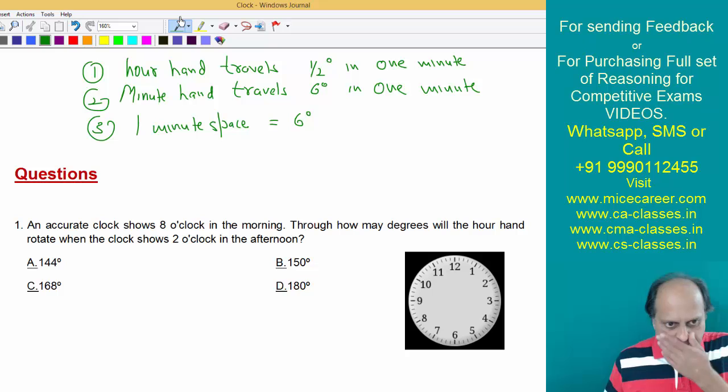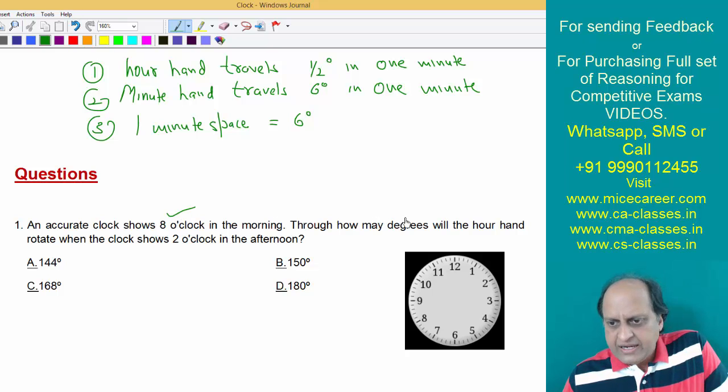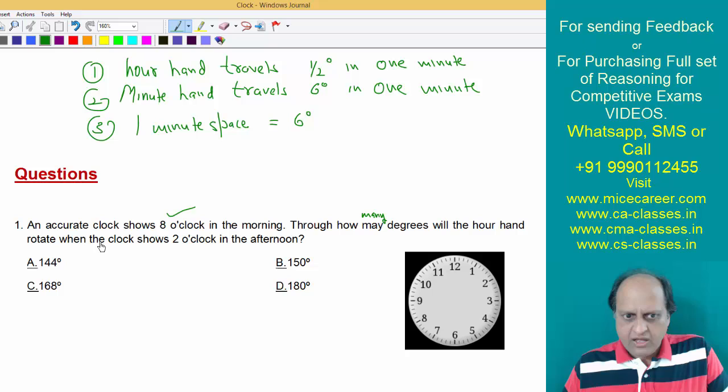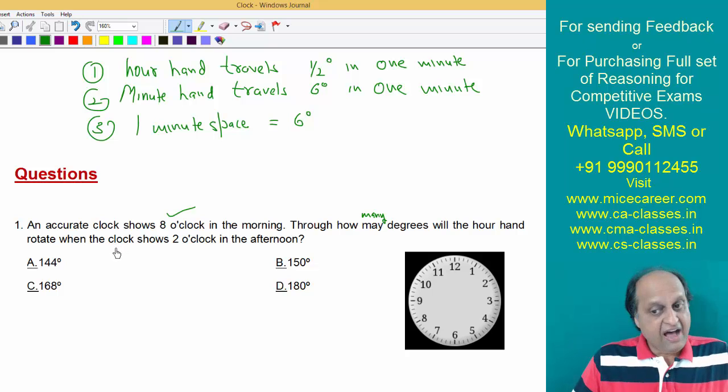Now let us see. An accurate clock shows 8 o'clock in the morning. Through how many degrees will the hour hand rotate when the clock shows 2 o'clock in the afternoon?